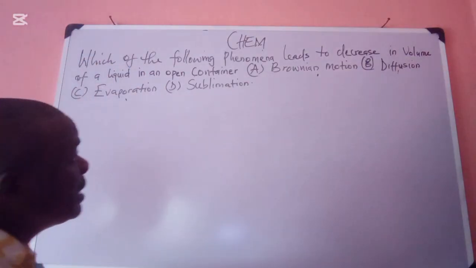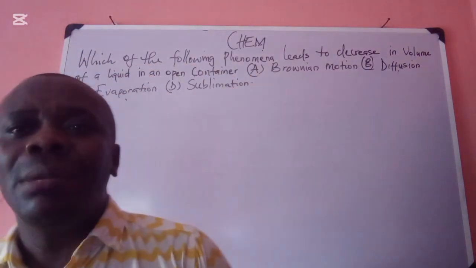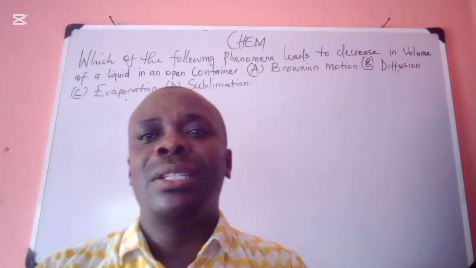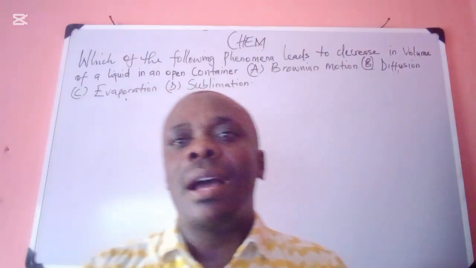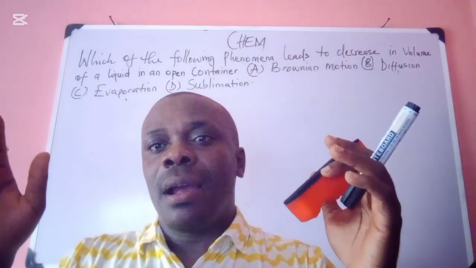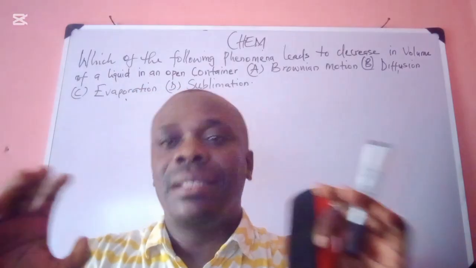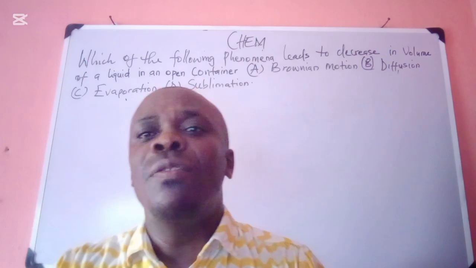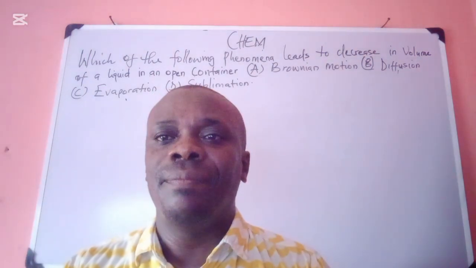The first one is Brownian motion. Brownian motion has to do with the movement of gaseous particles in a haphazard or zigzag direction. They don't have a specific direction where they are going. They move in different directions within a container.